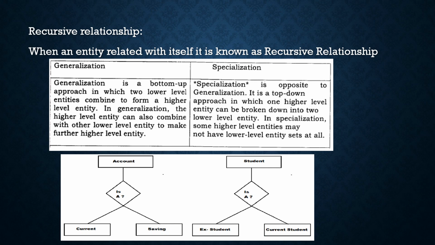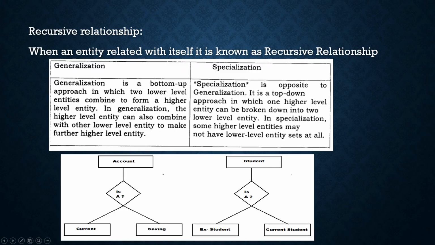So these two things are very important. Generalization follows the bottom up approach, and specialization follows the top down approach. The end product of generalization is a higher level entity, and the end product of specialization is a lower level entity. That means you divide the higher level entity into lower level entities. Examples of these two are given below in this diagram.